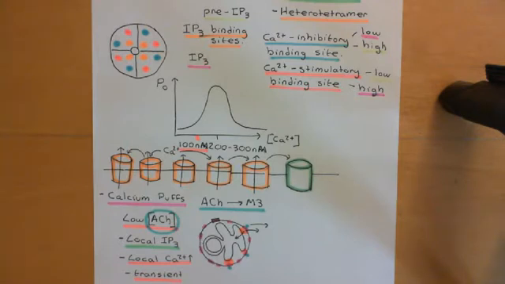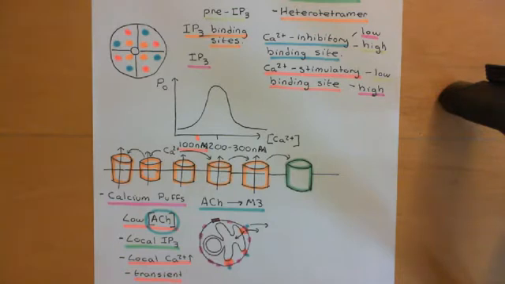I discussed in the previous video how we don't actually know whether it is four IP3s, four calcium stimulatory binding sites which need to be occupied in order to open it, but we're going to assume that that is the case to simplify matters. So we are assuming that all of these have got IP3 bound to them, and then we're waiting for one of them to get four calciums binding to its stimulatory binding sites at the resting cytosolic calcium concentration.